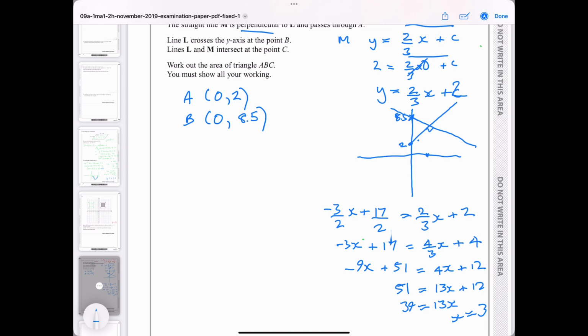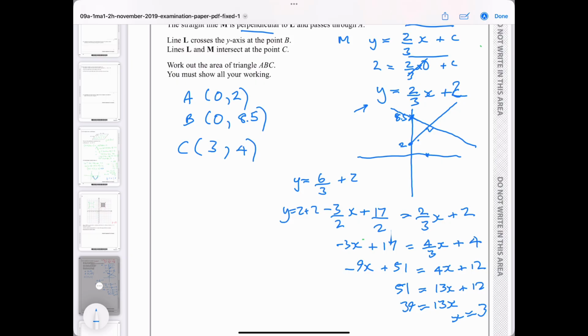Then popping that back into this one here, so to get y for C, we put 3 into there, so we'd go y equals 2 times 3, which is 6 over 3 plus 2, which is 2 plus 2, so y equals 4.